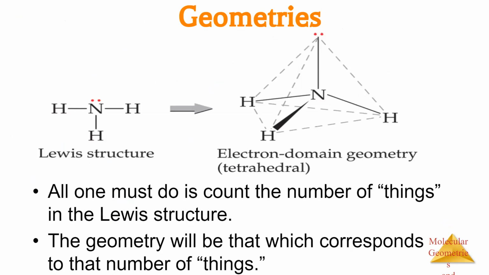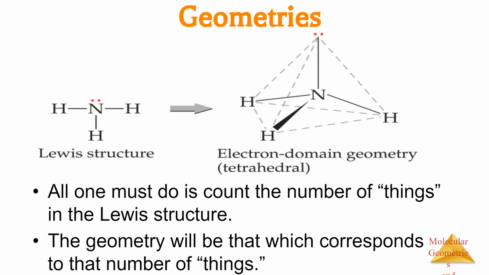As I was saying, Lewis structure. Make your valence electrons work. Electron domain geometry or VSEPR geometry. Make the shape look roughly like what it should look based on angles. And remember, your geometry is based on the number of zones around that central atom.